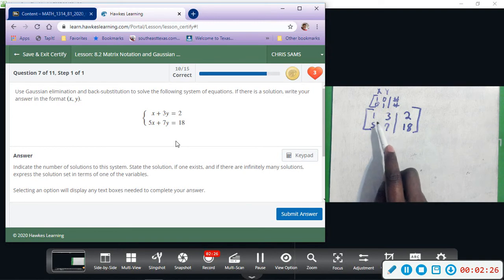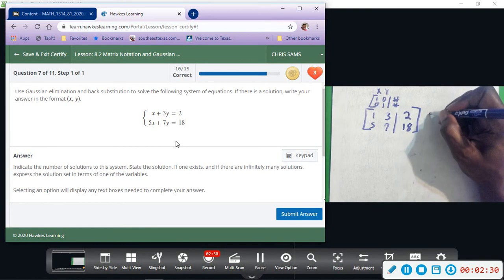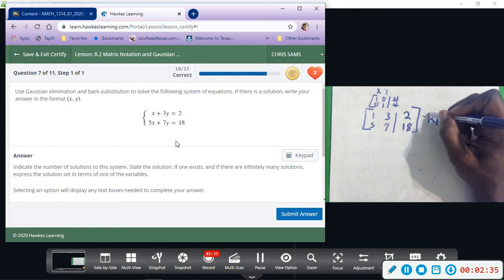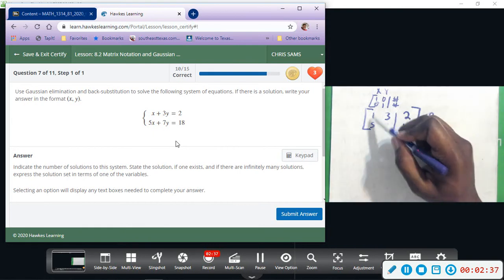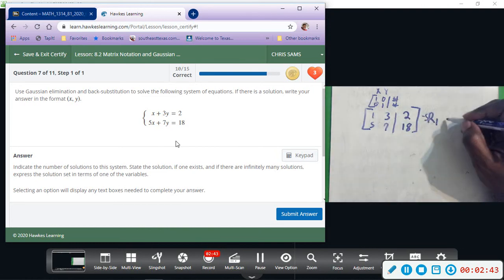Alright, so to do that, I'm going to multiply row 1 by -5. So this is a row operation. Row 1 by -5. And I'm doing -5 so that when I add it to +5, it will be 0. So -5 times row 1 plus row 2. That's going to be my new row 2.